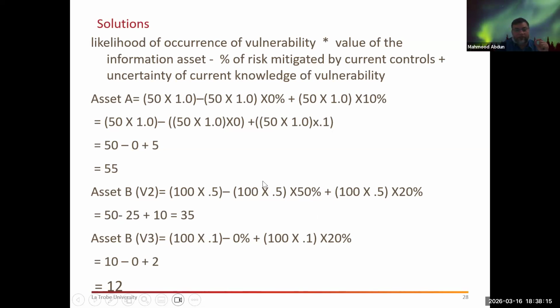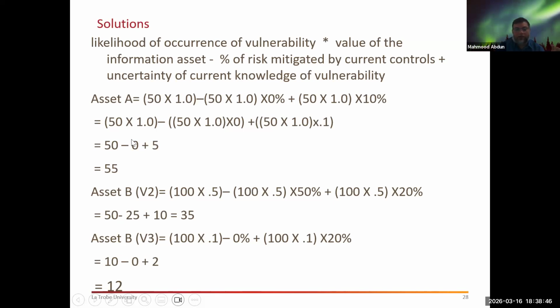So you can see that 50% of that risk gets subtracted. So this essentially becomes half the risk. But because we are uncertain up to 20% in our calculations, we have to add on the uncertainty risk to it. So 50 minus 25 is half of it, 25. Then we add this additional risk of uncertainty, and the risk due to vulnerability 2 for asset B becomes 35. Similarly, for vulnerability 3 of asset B, it becomes 12.